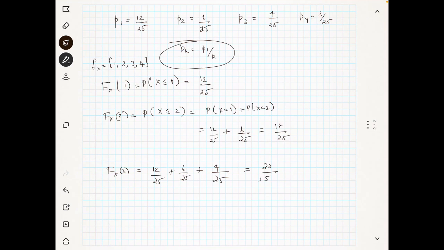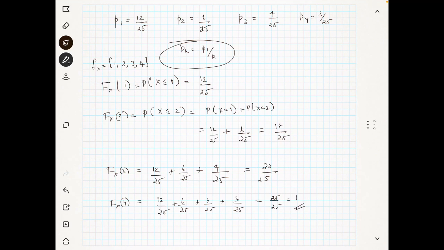And FX of 4 is nothing but all the outcomes, that means 12 by 25 plus 6 by 25 plus 4 by 25 plus the last one, 3 by 25, which is 25 by 25. That means it is 1. The sum of all probabilities will always be 1 anyway.